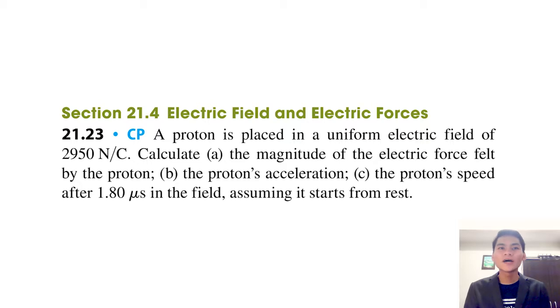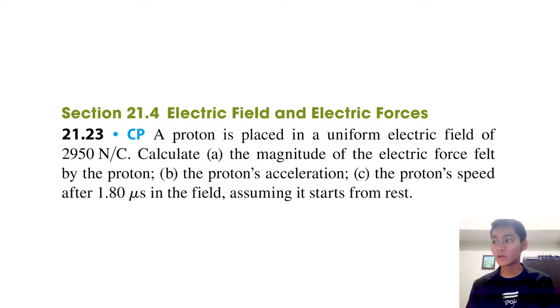For our last example, we have a proton. So consider a proton placed in a uniform electric field of 2,950 newtons per coulomb. So we are introduced here to the concept of an electric field. And when we're talking about electric fields, it has the unit newtons per coulomb, or force per charge.